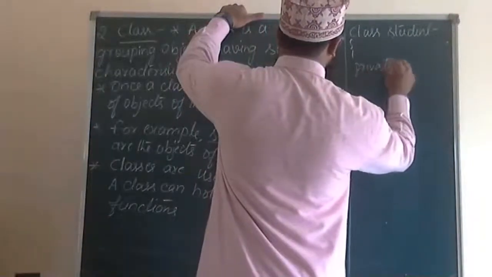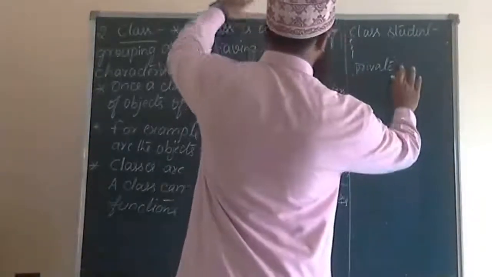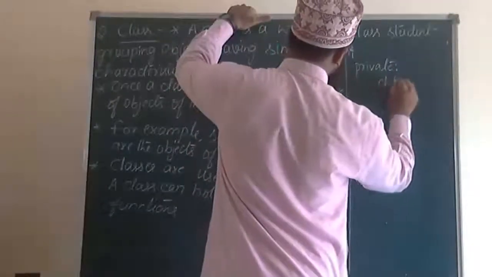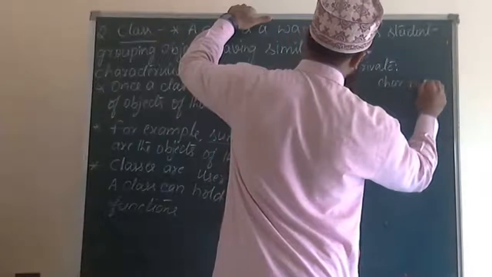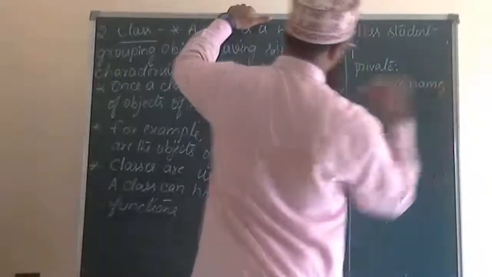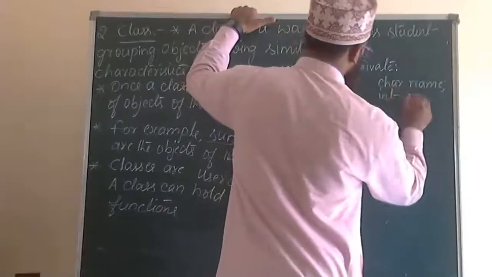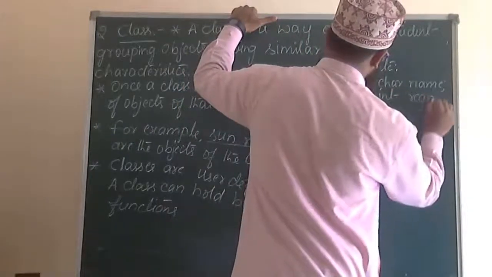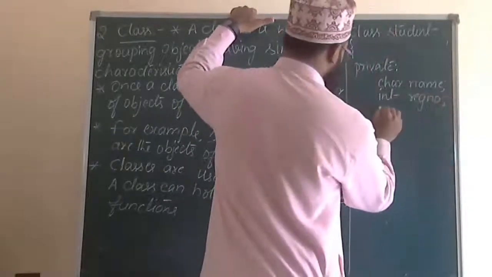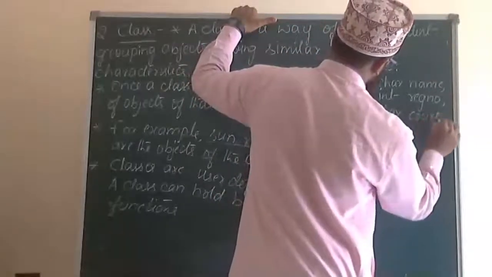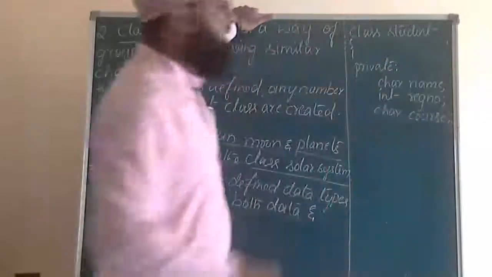Under the private access specifier, you give the data members: character type, it may be student name; then integer type, it may be register number; and after that, again character type, the course of a student. These are data members.